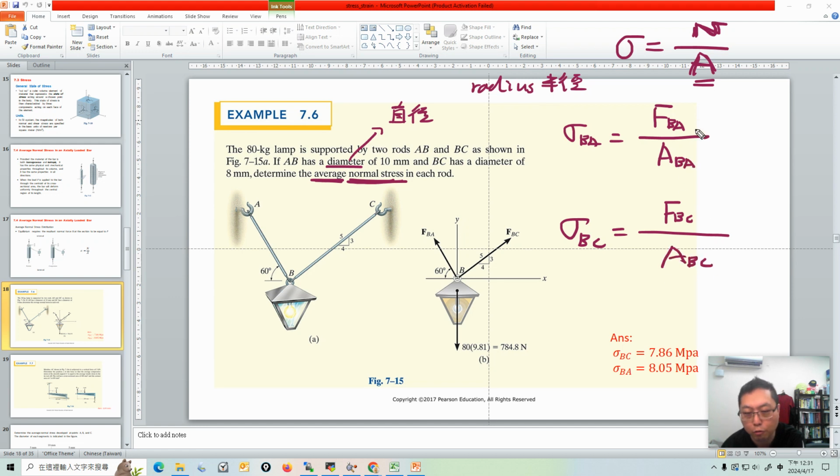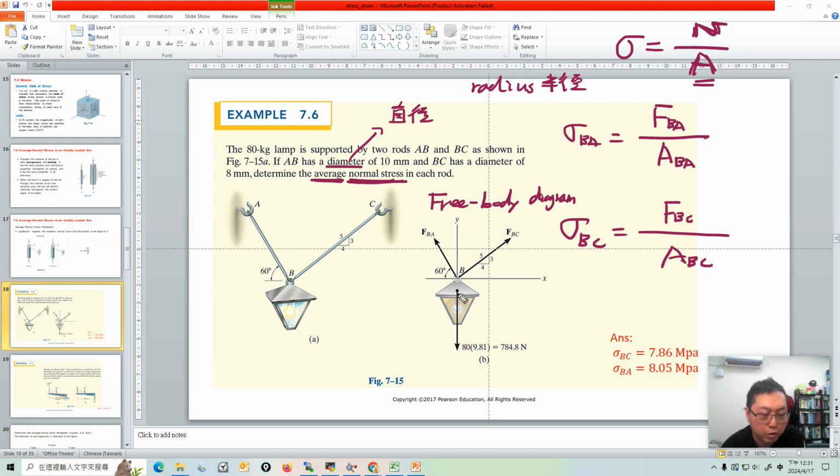You need the force and area. So first of all, how to calculate this force? Suppose this is a free body diagram of this problem.